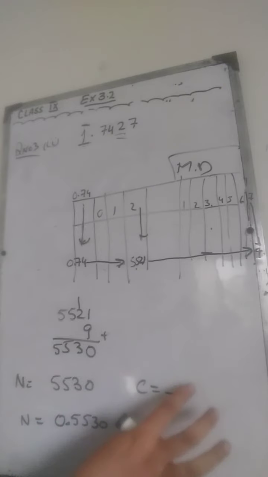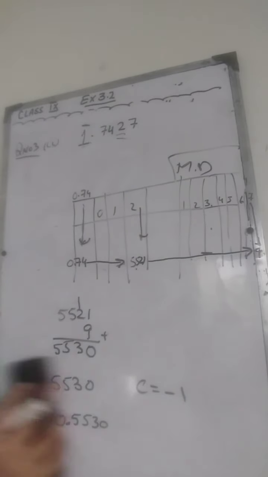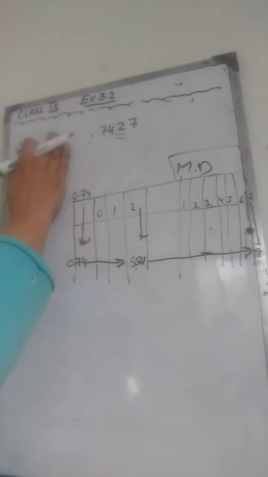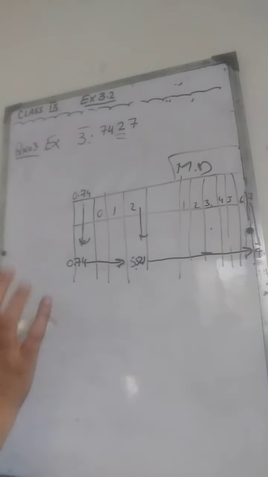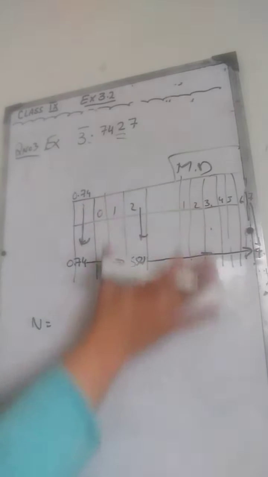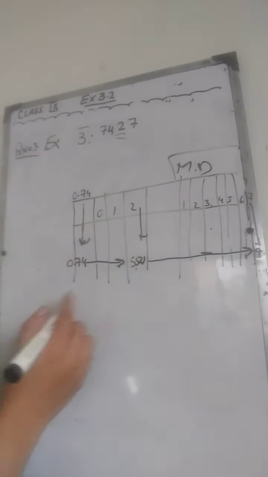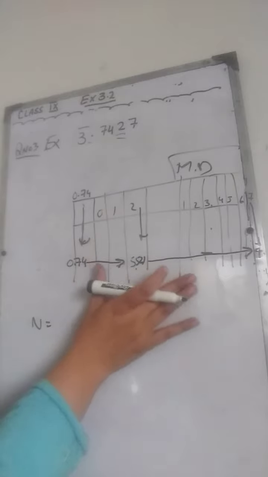If the characteristic was -3, let me take that example also. Suppose the characteristic is here, so this is an example. Now if the characteristic was -3, we again follow the same procedure as we did earlier.